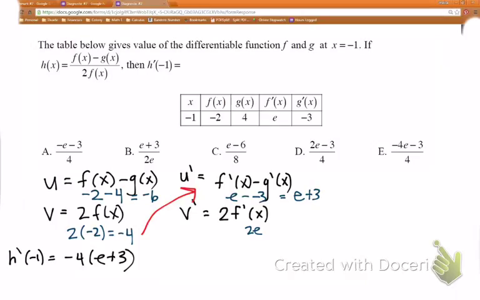Now don't forget that the quotient rule says that we have to subtract. So we're going to subtract now, and then we'll multiply the other way. So I have 2e times -6. And then don't forget that's all over the bottom squared. Since the bottom is -4, that's all over -4 squared.